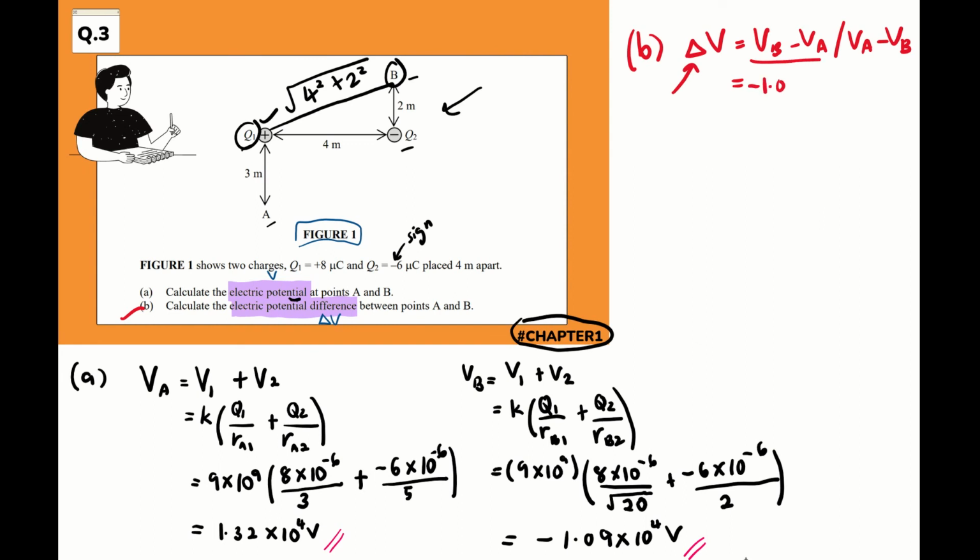Negative 1.09 times 10 to 4, minus 1.32 times 10 to 4, then you're supposed to get negative 2.41 times 10 to 4 volts, or your answer could be positive 2.41 times 10 to 4 volts.